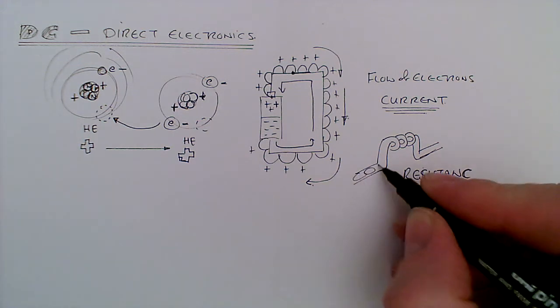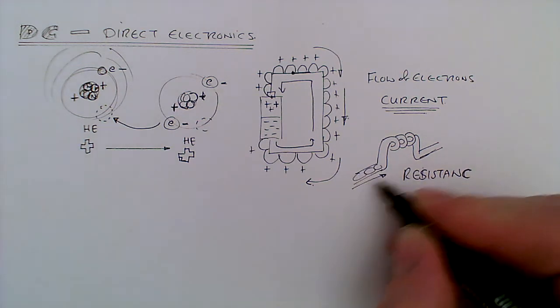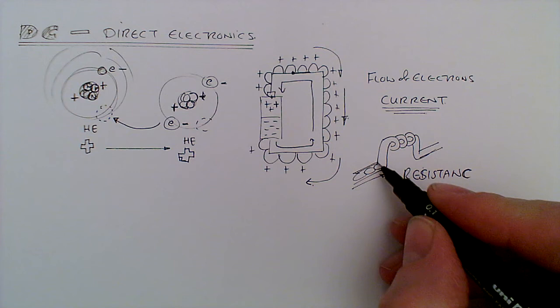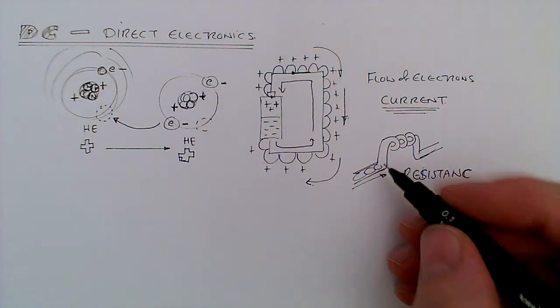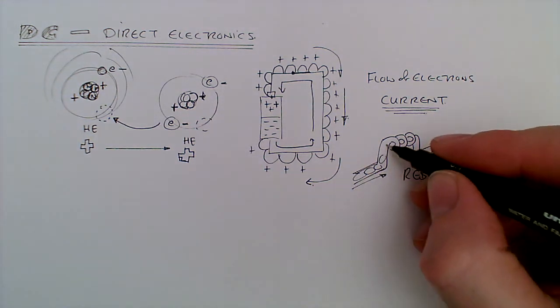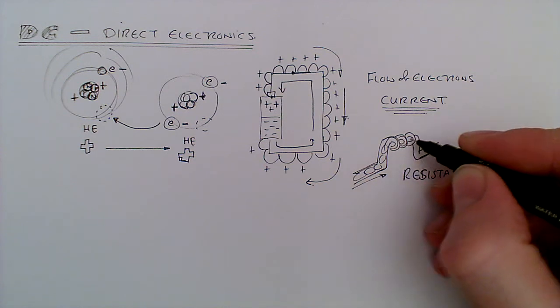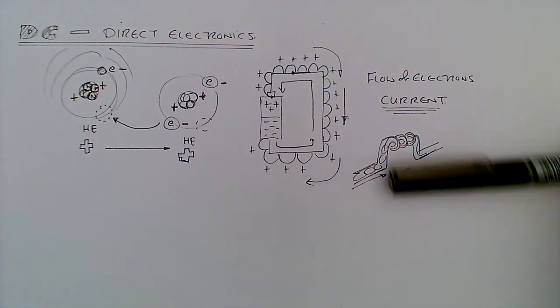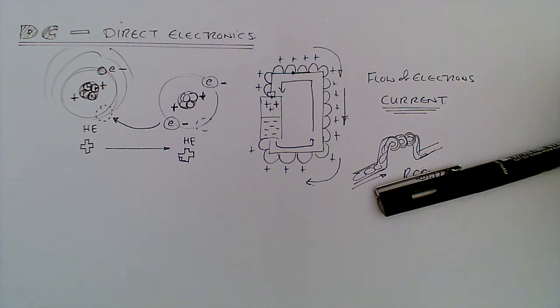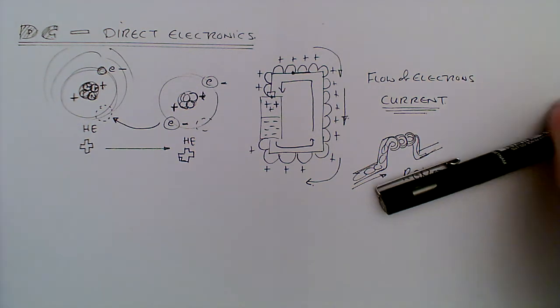So the electrons are flowing, draw a couple of electrons, imagine that they're flowing through this copper wire, and there's a limited amount of resistance, so they're having to give up very little energy to move through that material. Then they might encounter a different material, and as they move round, they encounter resistance, so they have to give up energy to get past that resistance.